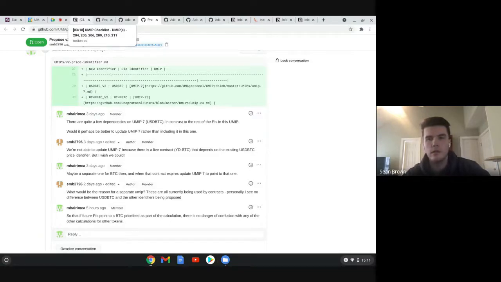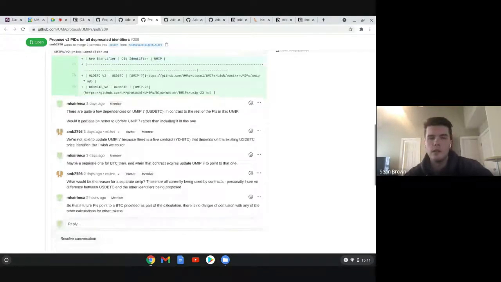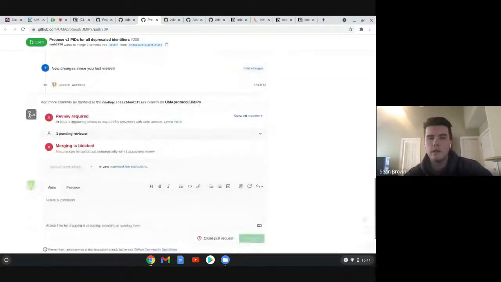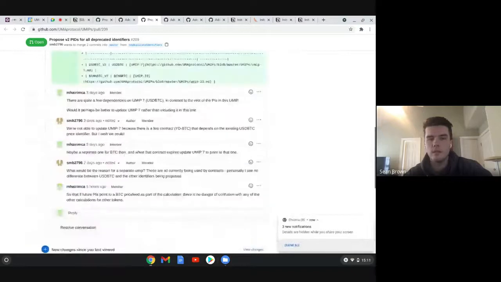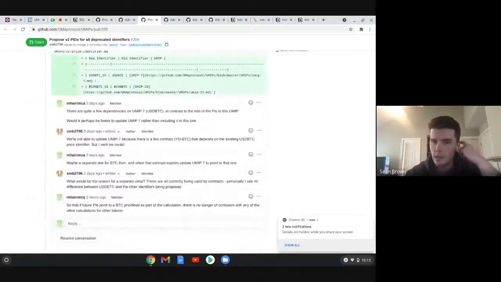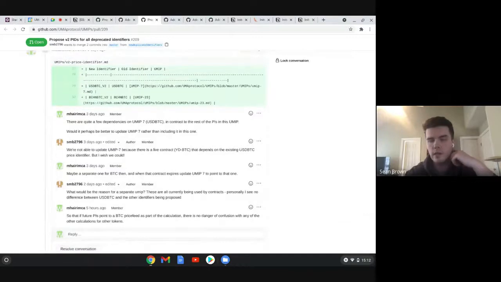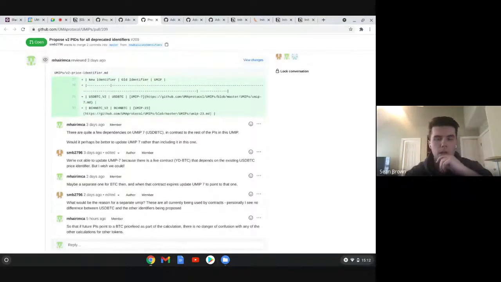It's simply creating a new name for the price identifier and identifying that the price ID needs to be scaled to 18 decimals. I don't see any difference between USD, BTC, and the rest of them, because they all have live contracts and dependencies. So I think we should just keep it as one.